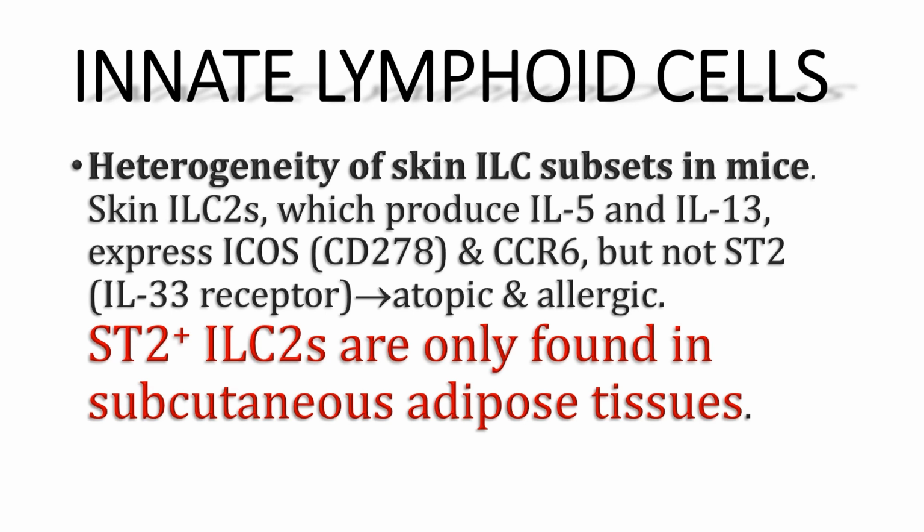The skin innate lymphoid cell subsets in mice show heterogeneity, where skin innate lymphoid cells type 2 that produce interleukin 5 and 13 and express ICOS or CD278 and CCR6 positive but not ST2 positive play an important role in atopic and allergic inflammation.